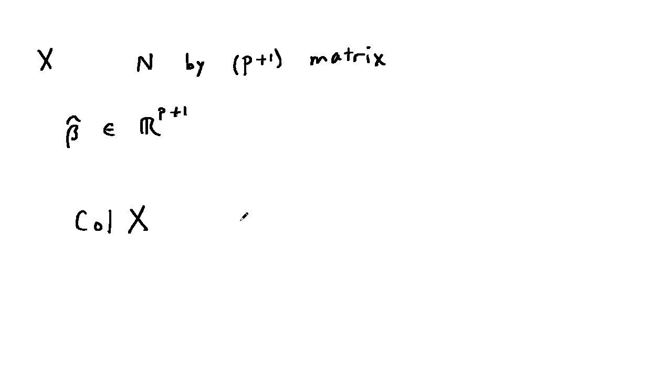So we want the vector in the column space of X that is closest to y. The projection of y onto the column space of X is that vector.